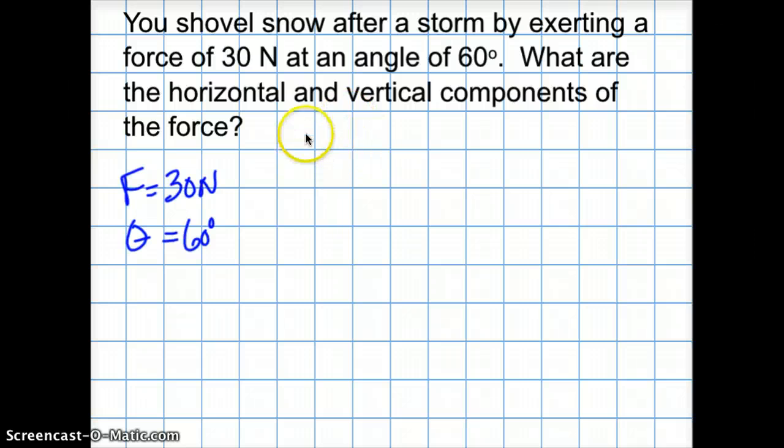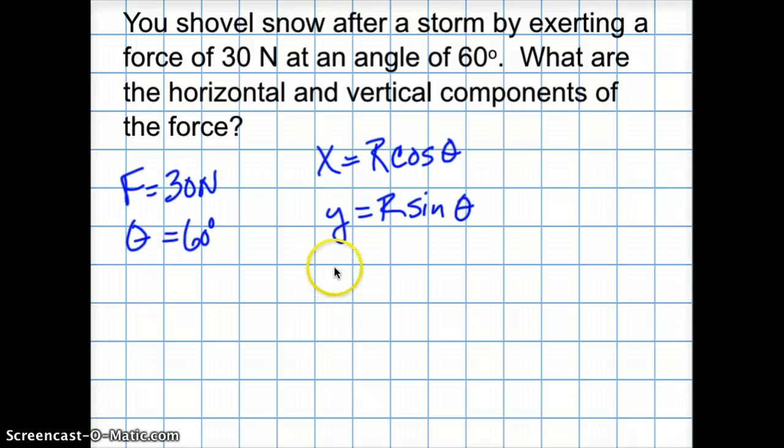If you remember the formulas, to find my horizontal, it's the resultant times the cosine of the angle. And to find the y component, it's the resultant times the sine of the angle. So my x, which is going to be my horizontal, is 30 times the cosine of 60.